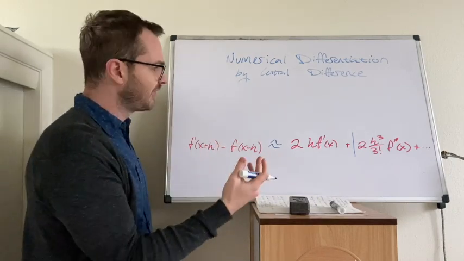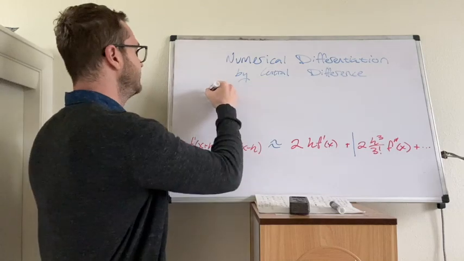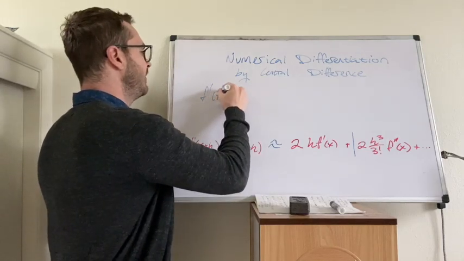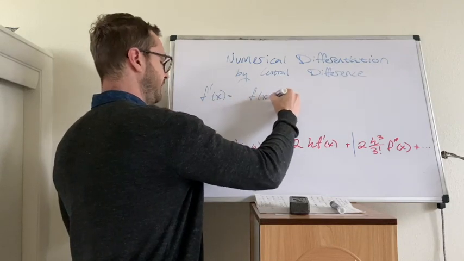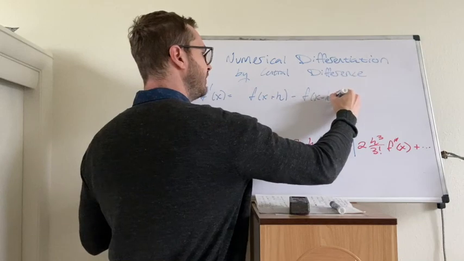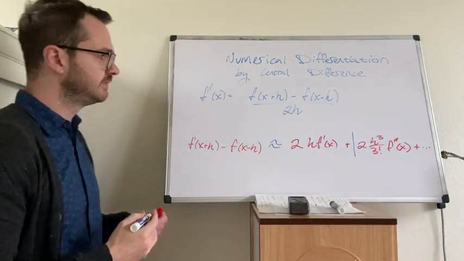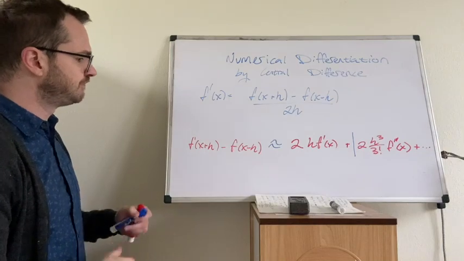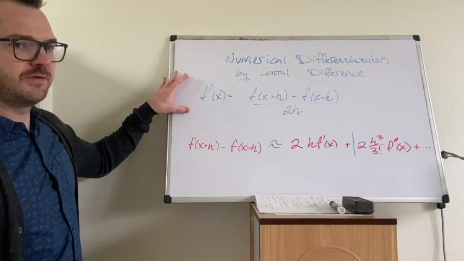Well, it's basically already set up. Here's f prime. You just divide by 2h. So f prime of x is going to equal the left-hand side, f of x plus h minus f of x minus h, all divided by 2 times h. Good. So this is the central difference scheme.